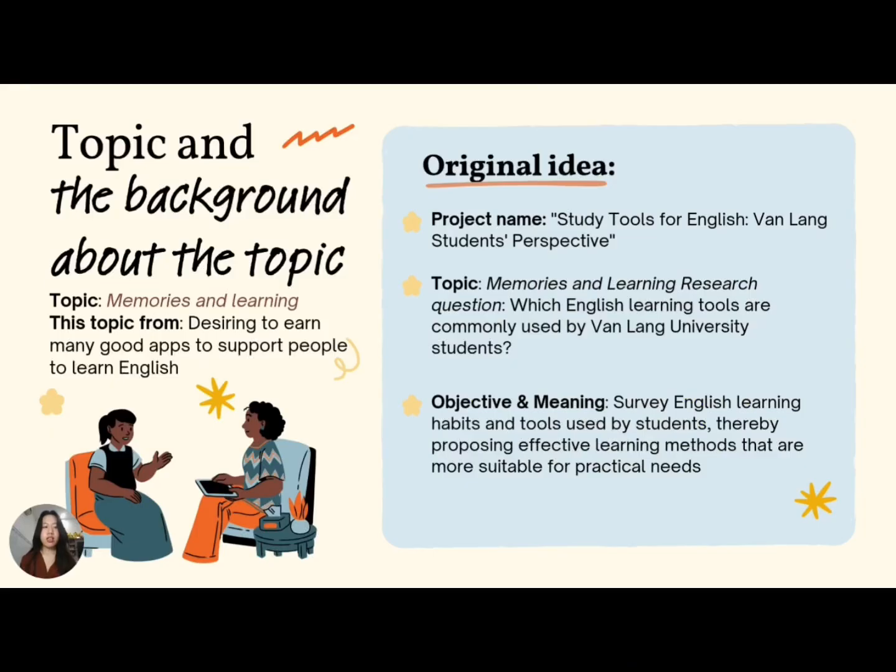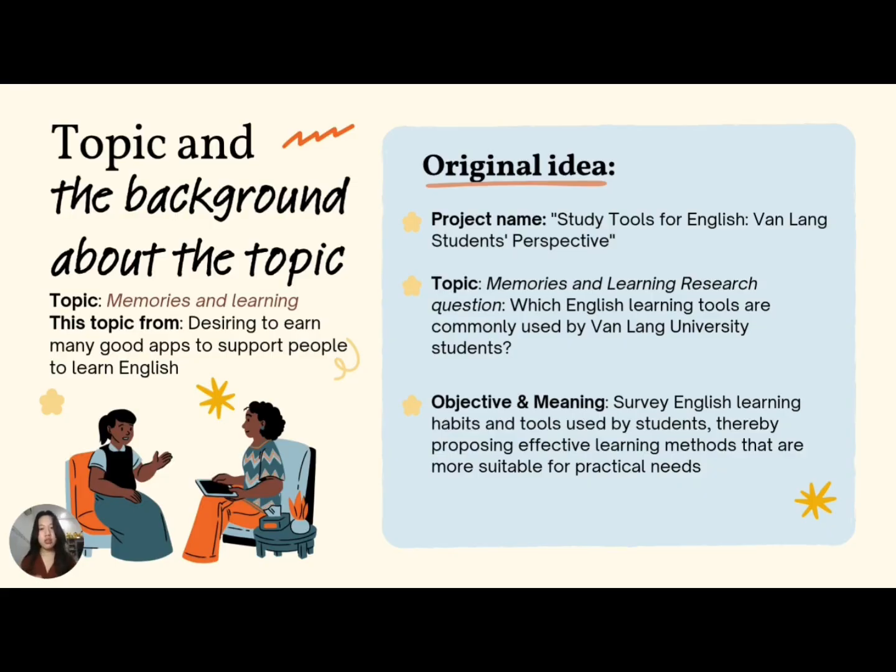So the topic that our group chose is memories and learning. So where did this topic come from? Well, it all started with a simple goal. We wanted to discover more effective ways to learn English.